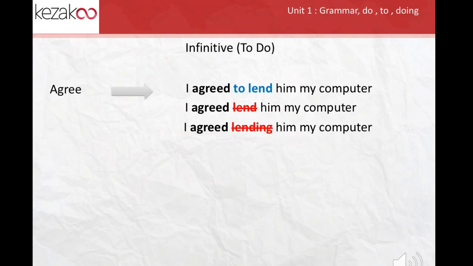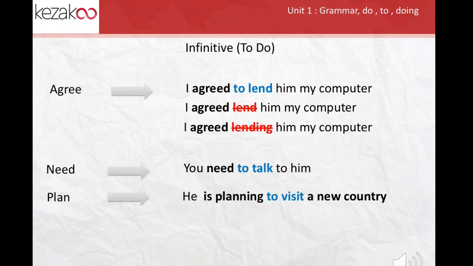So we will have other examples. For instance, need. You need to talk to him. Another example, plan. He is planning to visit a new country. So we cannot say he is planning visit a new country, and we cannot say he is planning visiting a new country.